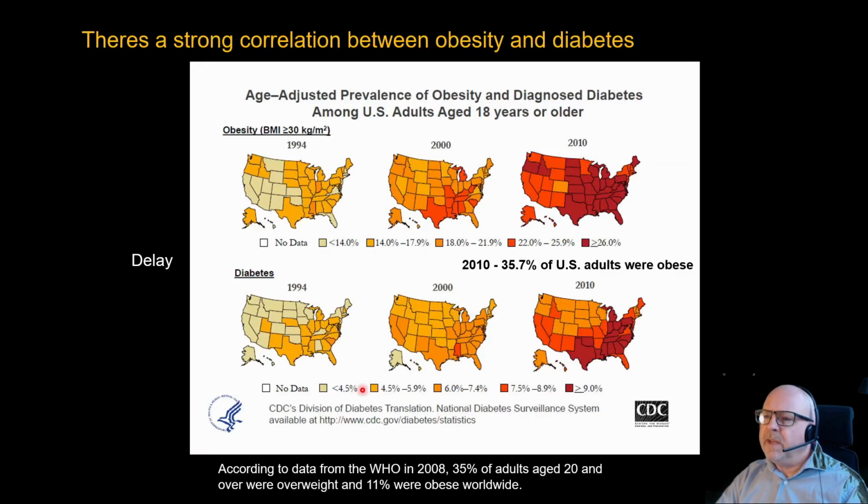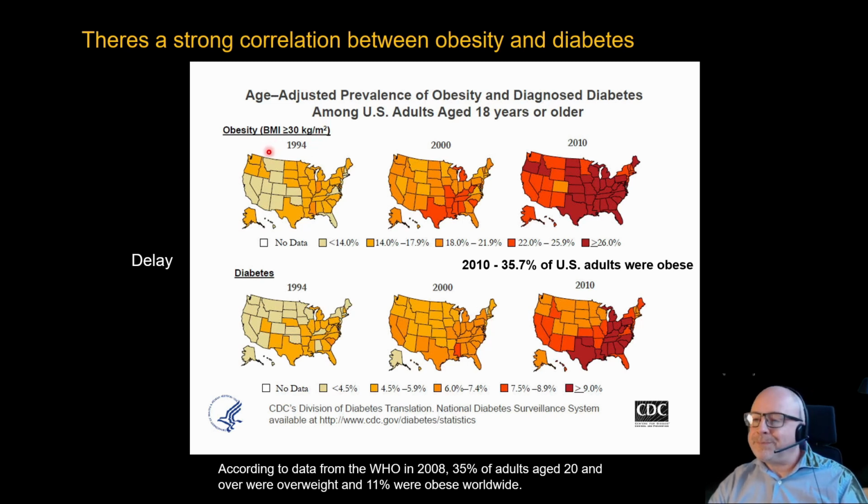There is a strong correlation between obesity and diabetes. If we look at these maps from the Centers for Disease Control in America, America is very good for these statistics. Obesity is classified as having a body mass index, BMI, of over 30 kilograms per meter squared.